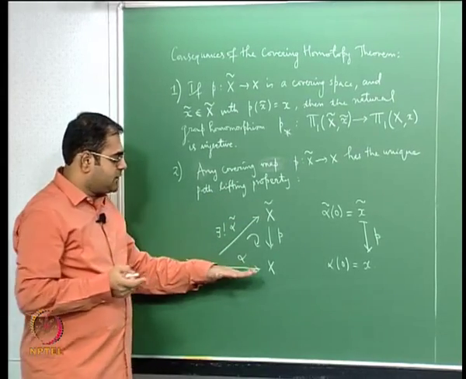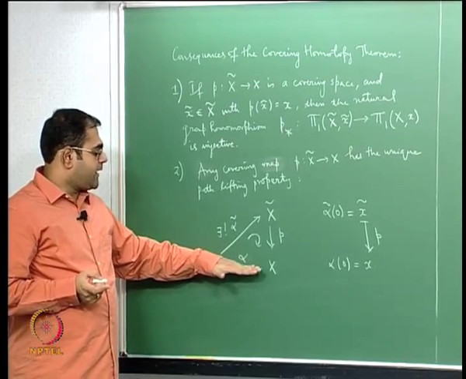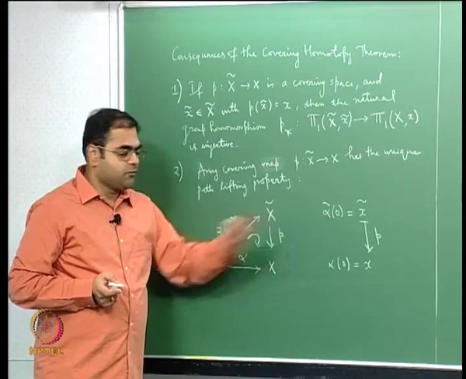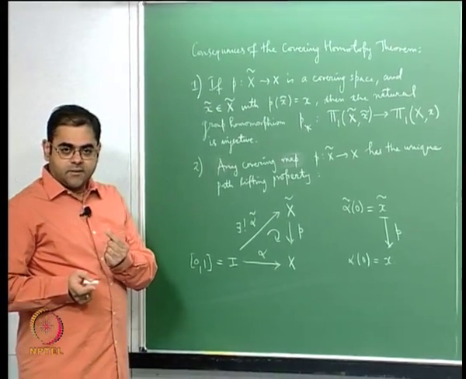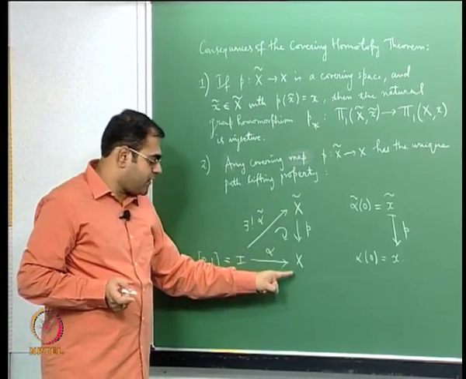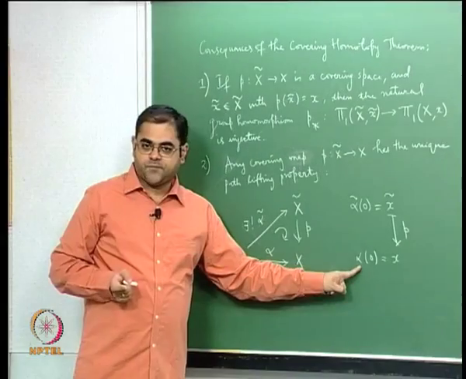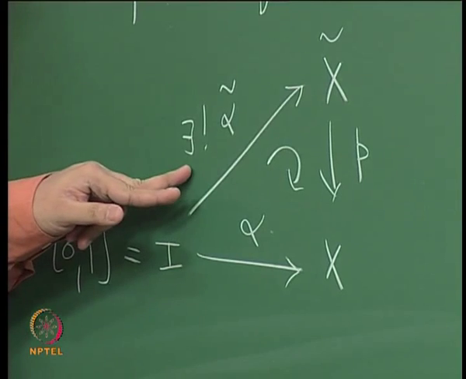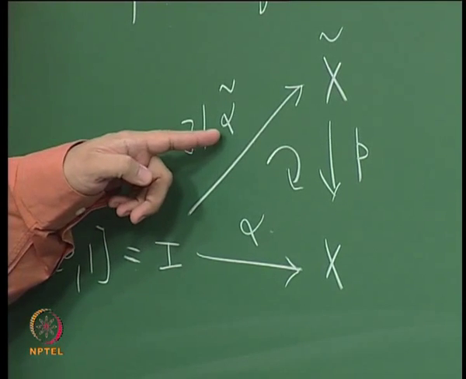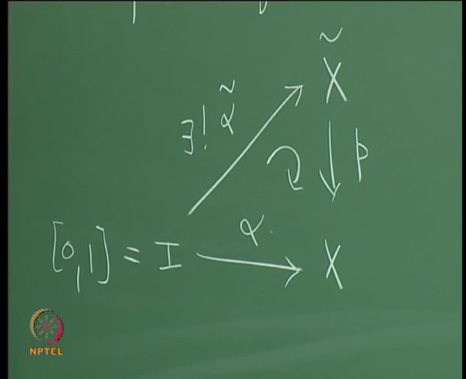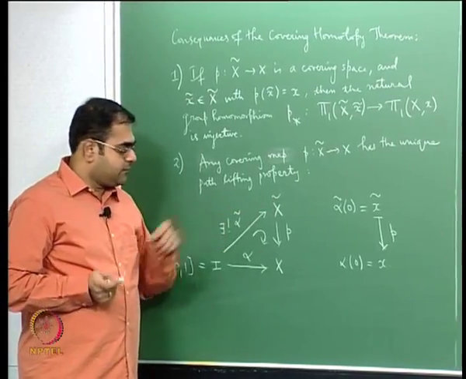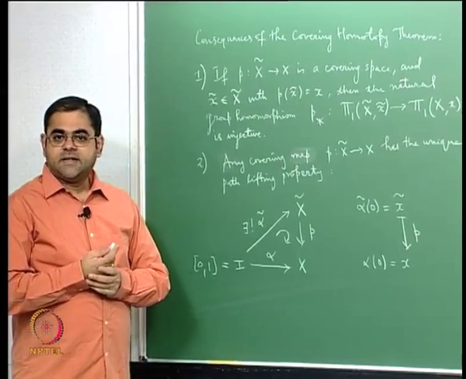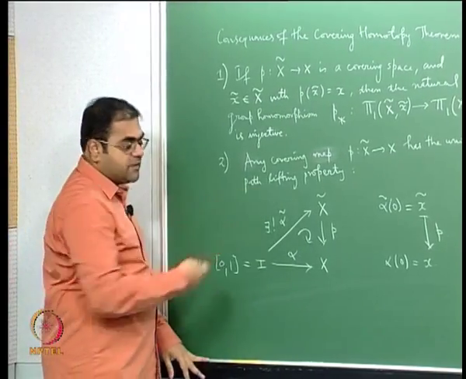So in other words, the path alpha can be lifted to a path alpha tilde provided of course you fix an initial point which has to lie over the starting point of alpha. The covering homotopy theorem tells you that you can certainly get this alpha tilde, and I have told you earlier that the property of this map being a local homeomorphism ensures that the lifting is unique.